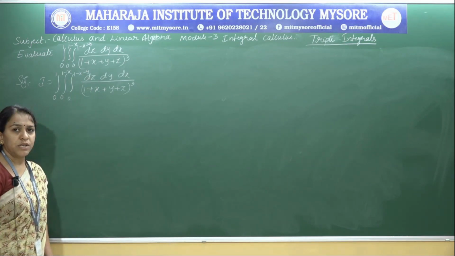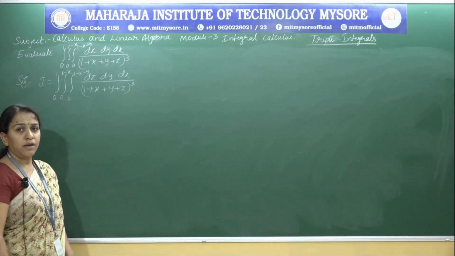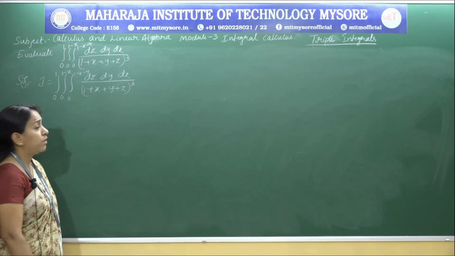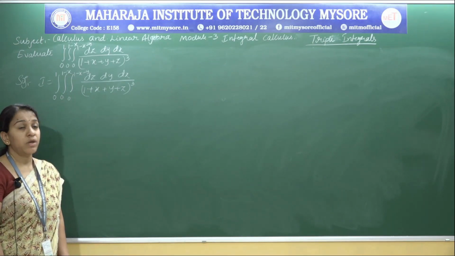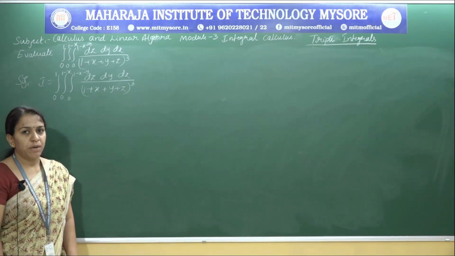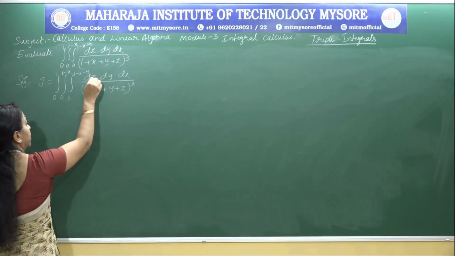So of course we should know what is the limit of x, y, z, right? Since in the inner integral the limit values are 0 to 1 minus x minus y, we have x and y variables in the limit place. Therefore, that should be the limit of z.